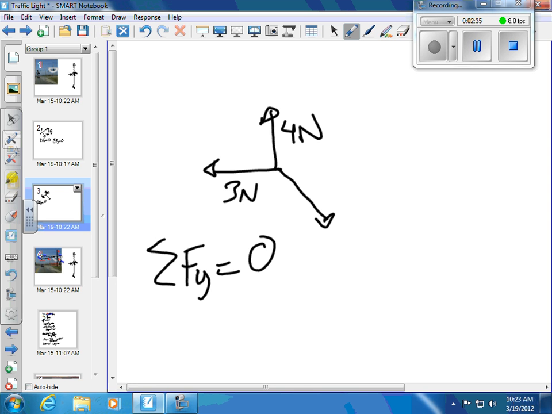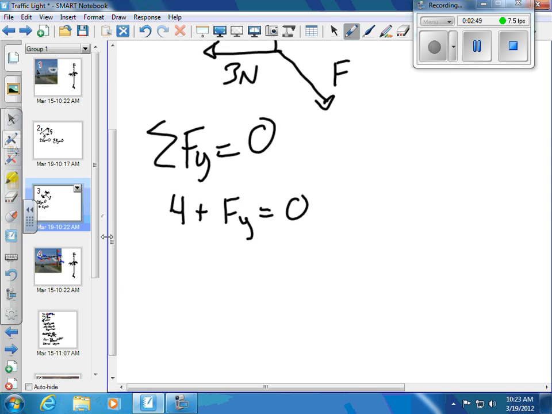So we have 4 positive plus Fy equals 0. Pretty easy. So then Fy equals -4, right? Algebra.